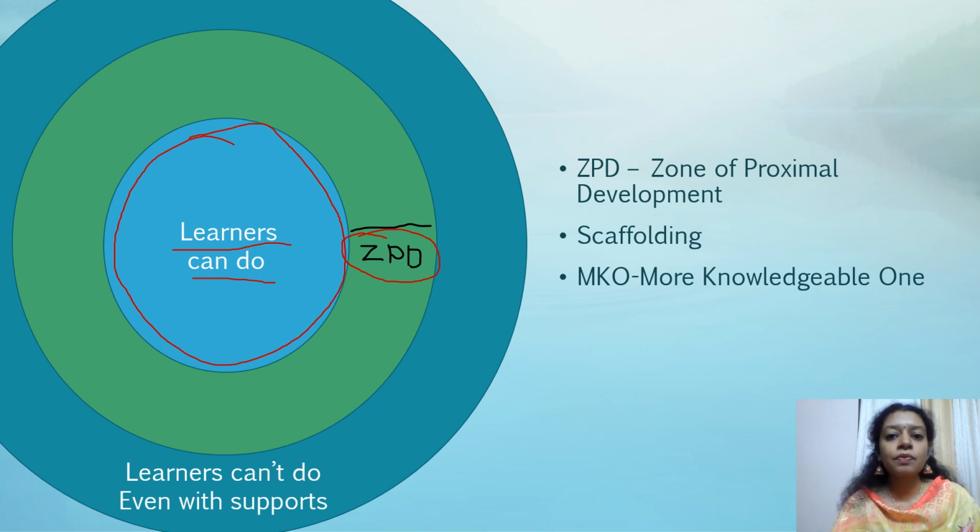So this task falls into the zone of proximal development, where the child needs support. It's too hard to do alone, but with support they can do it. I think it's clear. The zone of proximal development is where the child needs help.